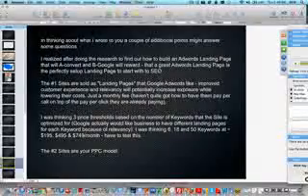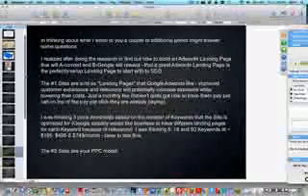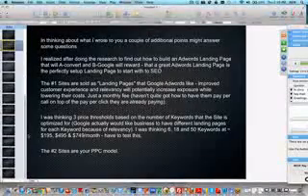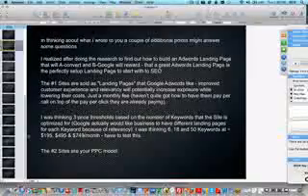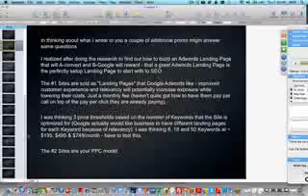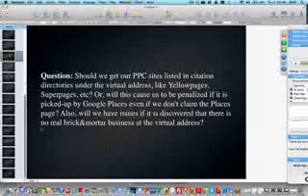Do you need to replace their pay-per-click? No. Do you need to replace the rest of their marketing? No. You're just a piece of the overall puzzle. That's really the way that I view it. So they continue with their pay-per-click campaign, and you add on top of that a pay-per-call campaign. That's the way I would do it.